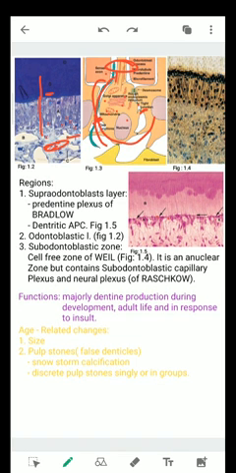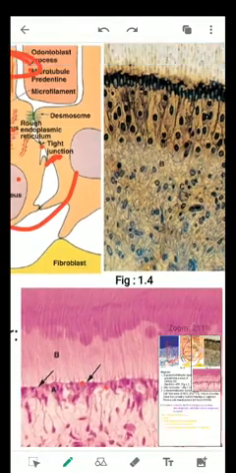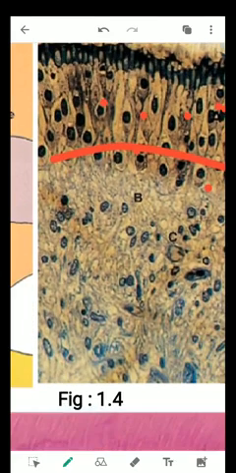Now, the odontoblastic layer, using this diagram, I'm sure you can appreciate the odontoblasts here. These are all odontoblasts with the nuclei at various regions, forming a pseudostratified layer. The last region is your subodontoblastic region, which is a cell-free zone.